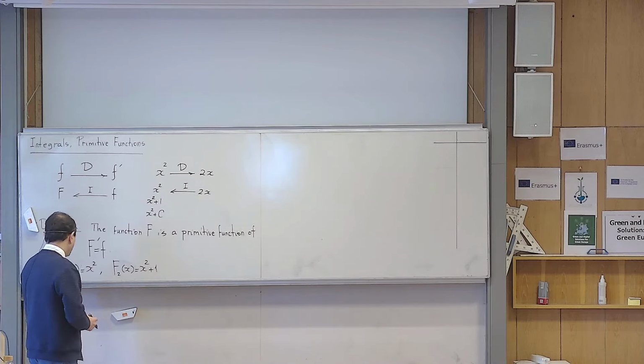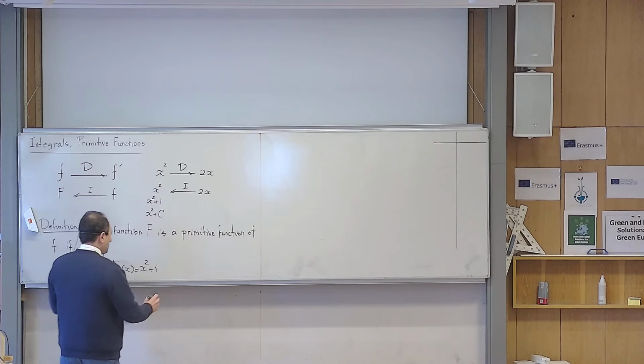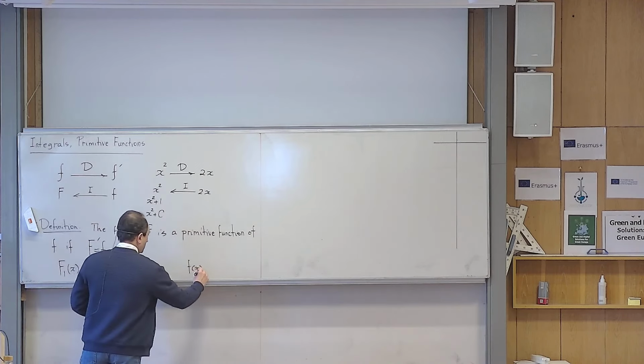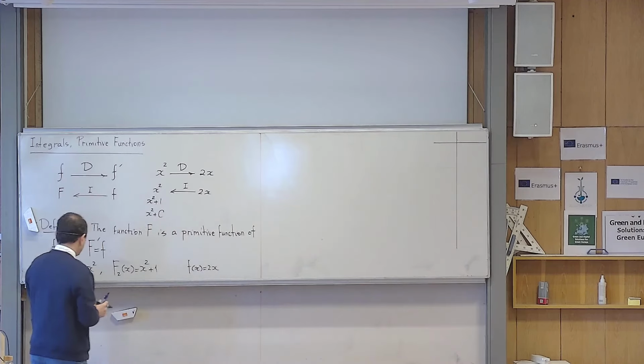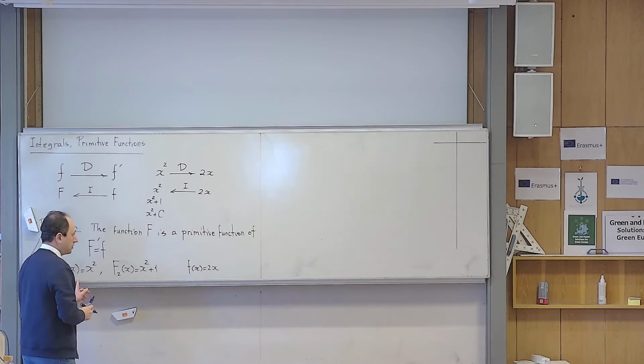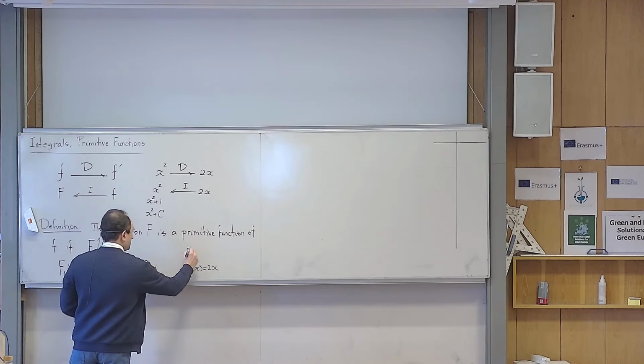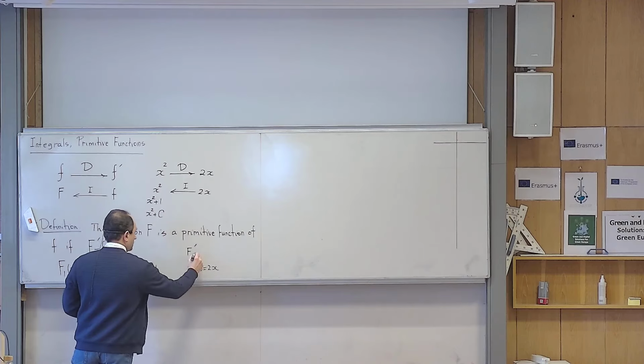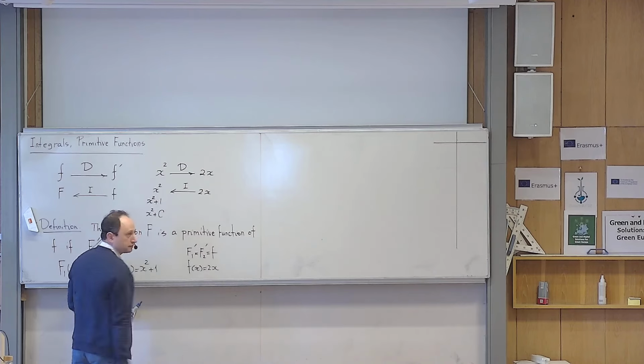Yes, F1 of x and F2 of x, and then let us write little f of x is 2x. These two functions are primitive functions for the same function. Why? Because F1 prime is equal to F2 prime is equal to little f.